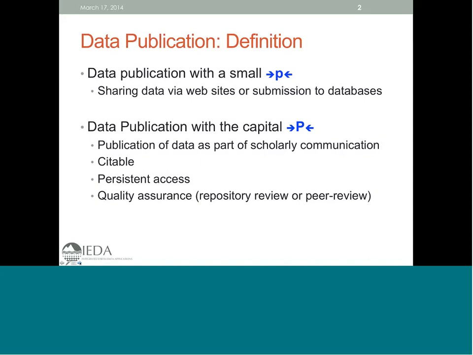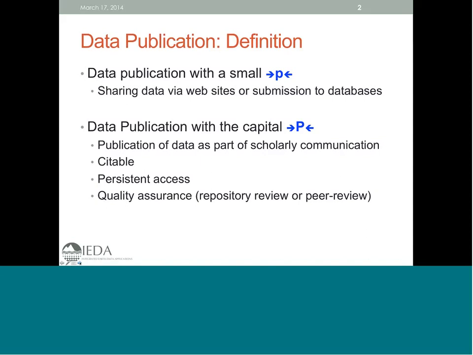So it's sharing data, but it doesn't have a formal process behind it. Data publication with a capital P takes care of that, in that it's a formal publication of data that is similar to publishing your research results in the scholarly literature. Data publication with a capital P makes data citable.